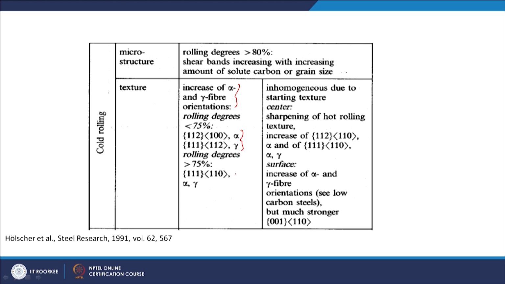If rolling degree is more than 75%, then you will have this particular texture component and also again alpha and gamma fiber. So, basically the sharpness of alpha and gamma increases, there is an increase of alpha and gamma fiber orientation, okay, but much stronger 001 110 texture component also.